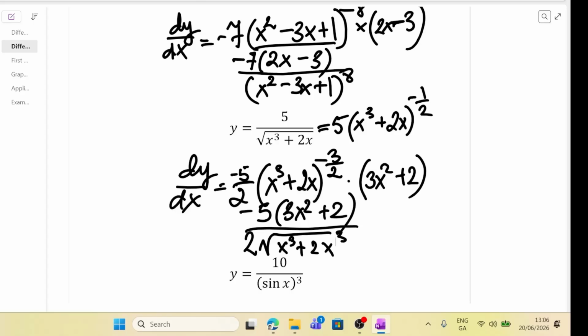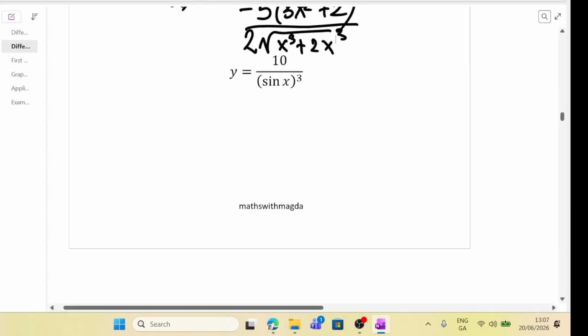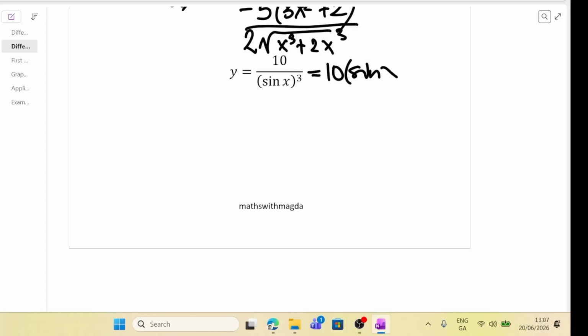Then next one, here we have 10 over sine x to the power of 3 again. Let's use the rules of exponents, so it's 10, and then I have sine of x to the power of minus 3. Chain rule here.